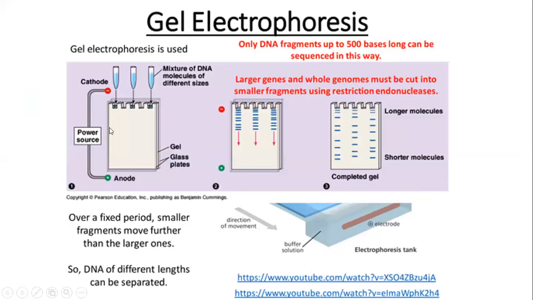The cathode is minus and the anode is positive. You put the DNA samples of different sizes, different molecules, different mixtures or different restriction digests here, and given the time and the voltage, slowly the bands move according to size, according to variable polymorphism. Shorter fragments always go farther, longer fragments stay behind.